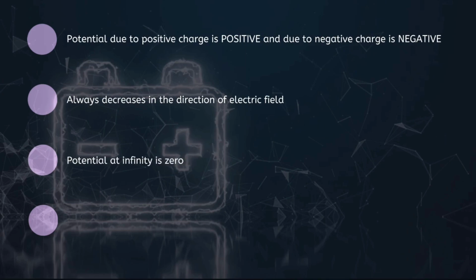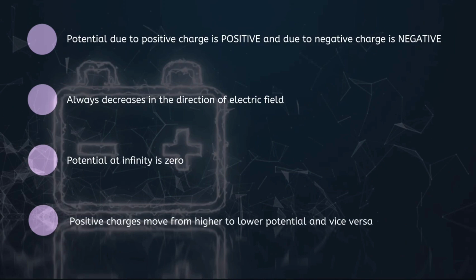Next one is, this electric potential, its value is taken to be 0 at what distance? At infinity it is assumed to be 0. Near positive charges it is positive, and near negative charges it is negative, and at infinite distance it is taken to be 0.